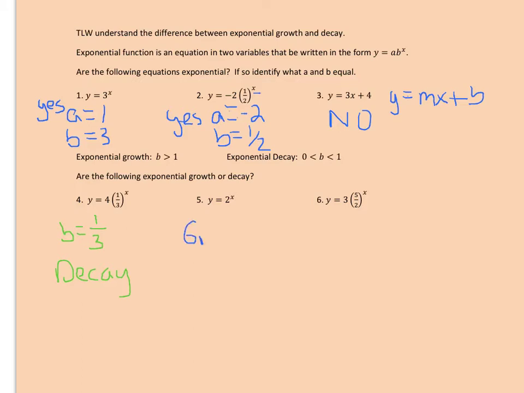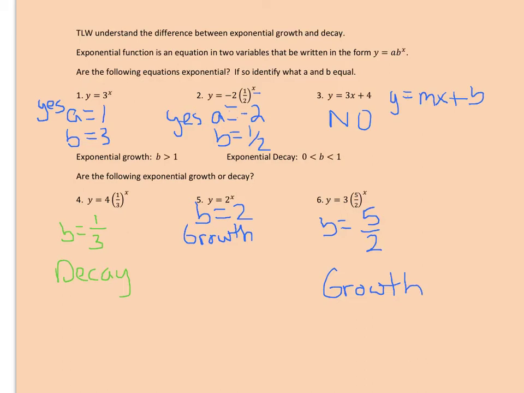That means growth. Next, b is 2, not capital B. Next, b is 5/2. That's like 2.5. Isn't that still greater than 1? So that is growth. Okay?